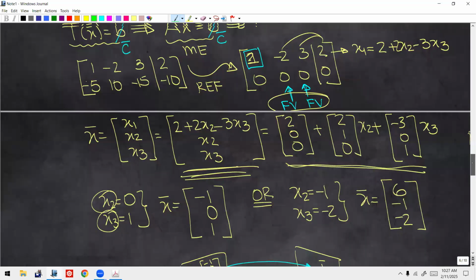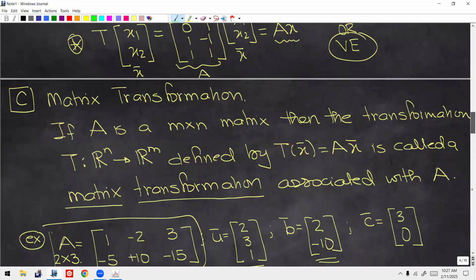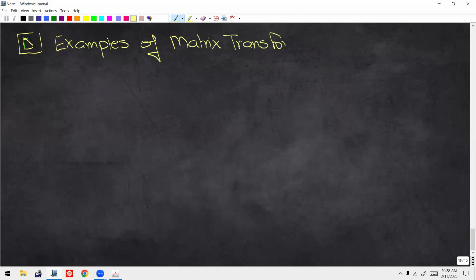All right, so this was C. This is D. So these are some examples of matrix transformation. Okay. And again, there's lots of them. I'm just going to give you a small subset of them. So let's start with the first one.